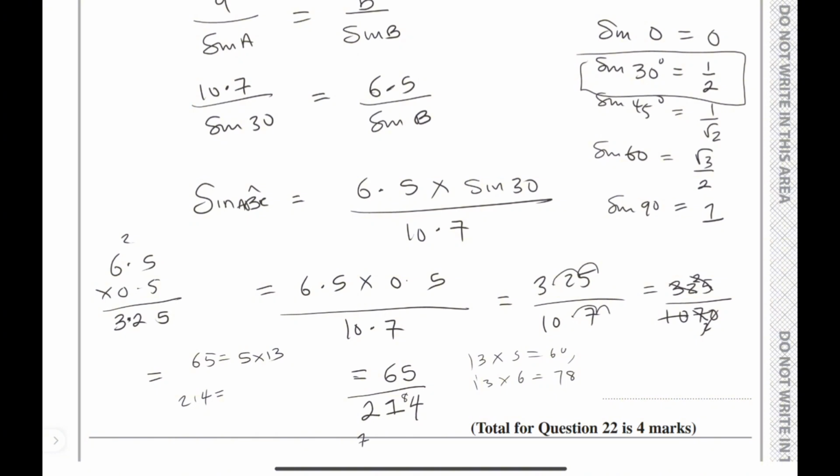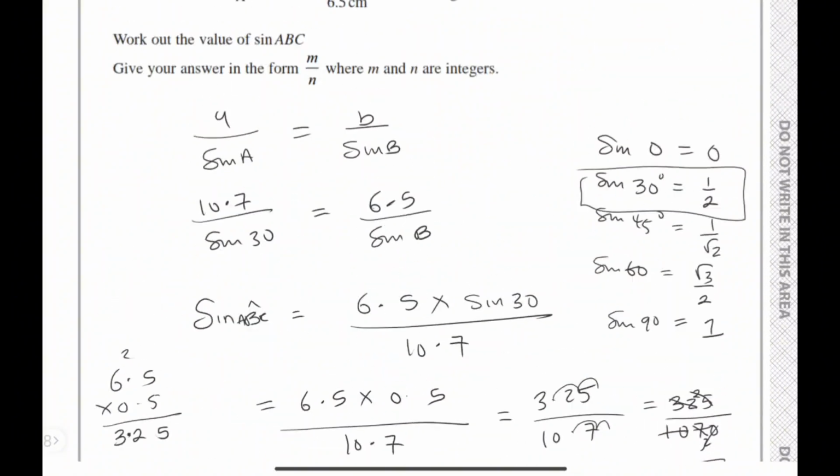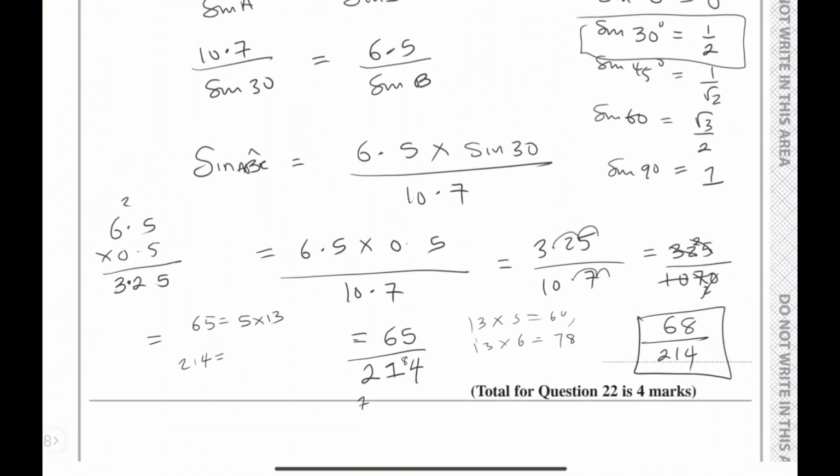Yeah, definitely 13 cannot go in 214. So that means our answer is 65 over 214. So that is our answer. So m is 65 and n is 214.